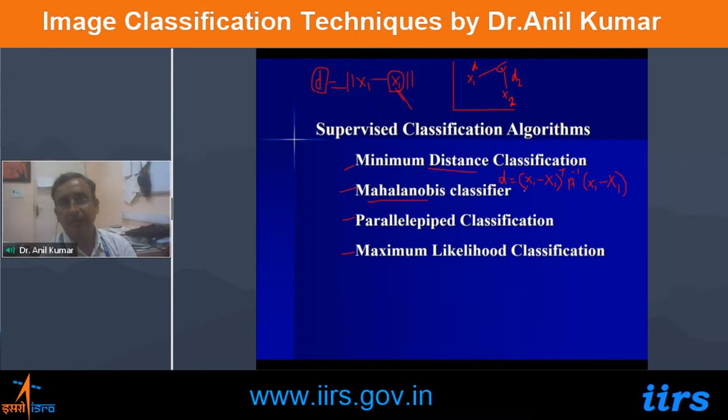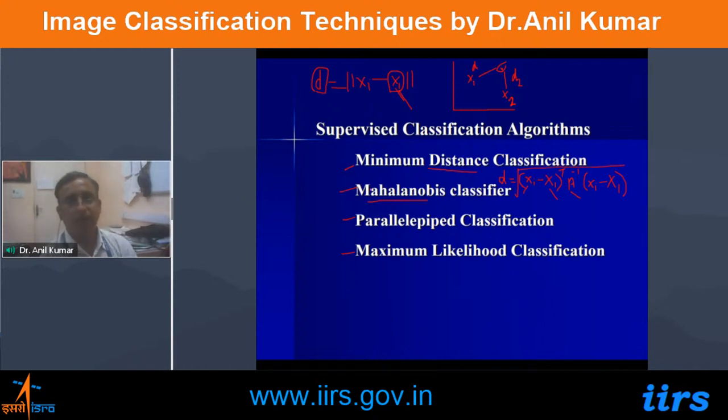Here T is the transpose, xi is the unknown pixel, x1 is the mean of the sample of a class, and A is the variance covariance matrix, so you need the inverse of the variance covariance matrix, and you have to take the square root also.